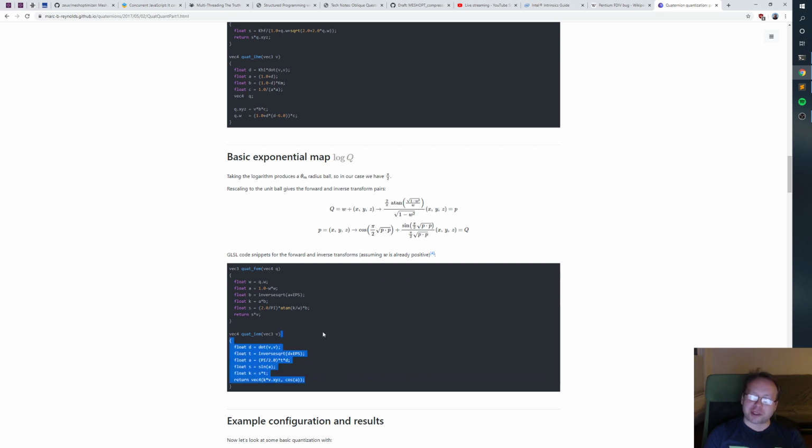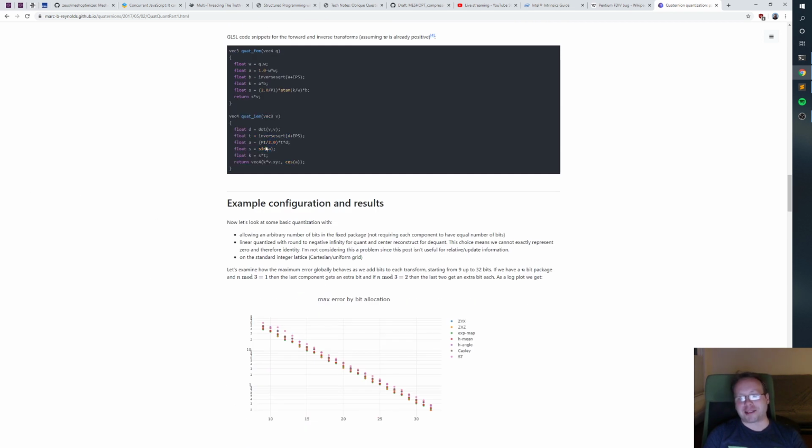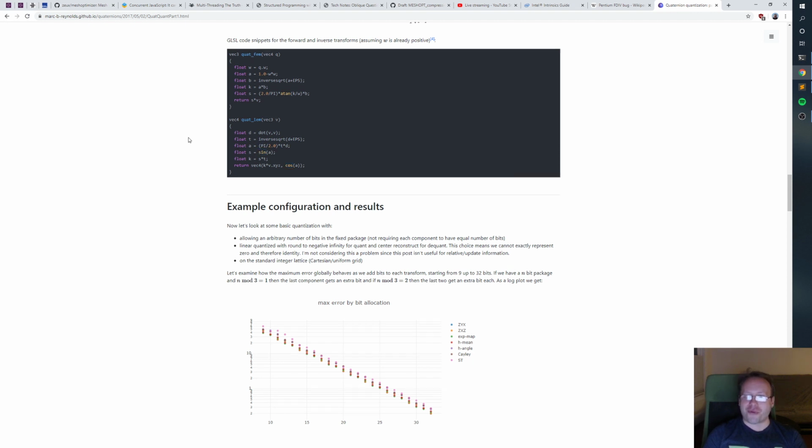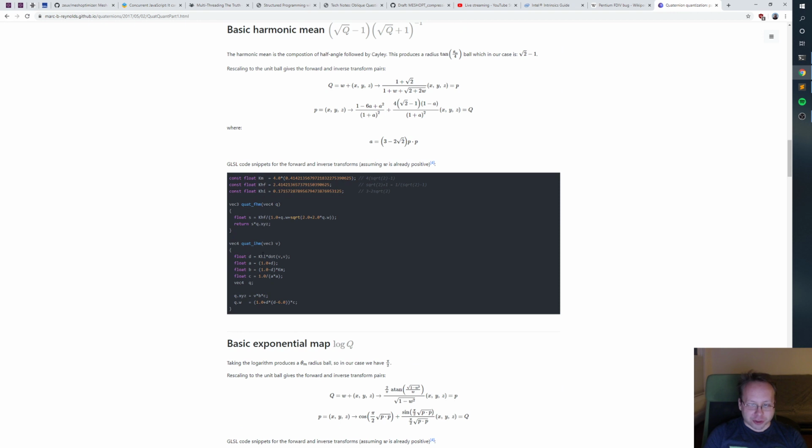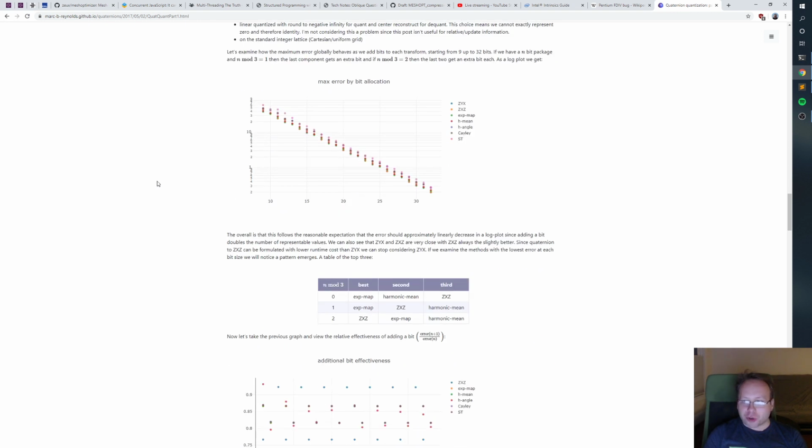So the inverse transform for this exponential map has a sine in it, right? And you don't want a sine and a cosine anywhere near your fast quaternion decoding functions, right? So this one is much better. Basic harmonic mean. So I guess it's H min, but it's not as good in terms of error. It's pretty close.